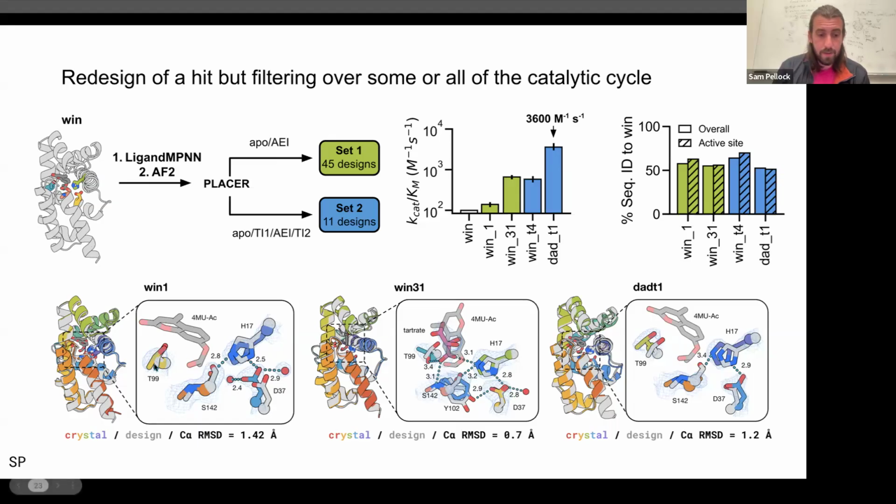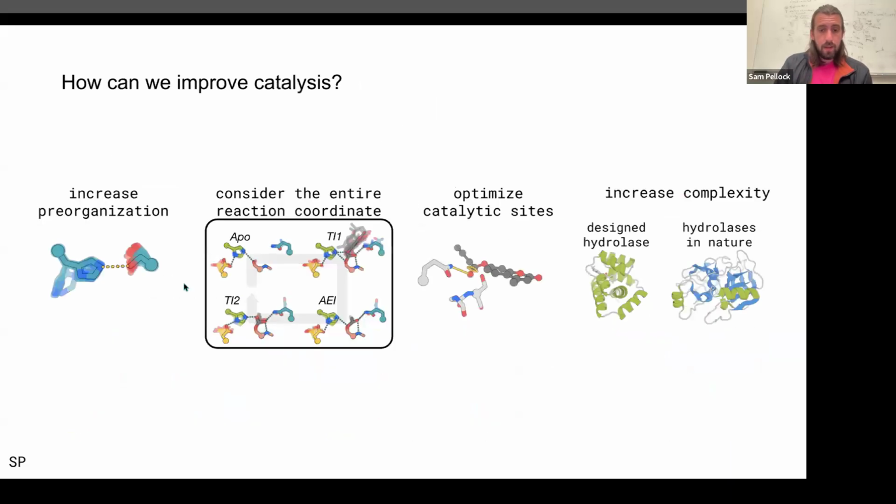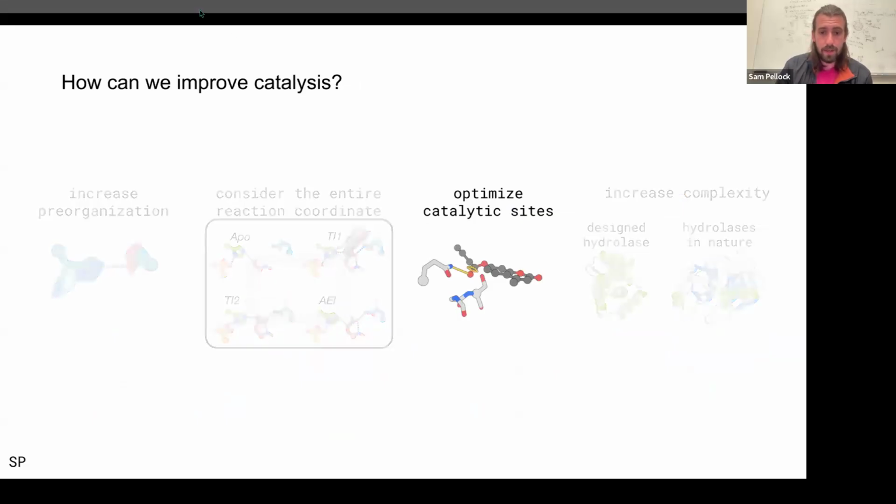And in some of these, the oxyanion hole residue is also fully intact, whereas in some of the previous iterations of WIN, this would move a lot or be in a different orientation. So we were happy to see that we were closely recapitulating a lot of the designed active site features. And so, yeah, that's the reaction coordinate. Anna will take over on optimizing catalytic sites.